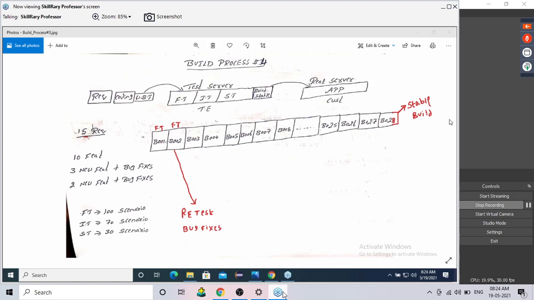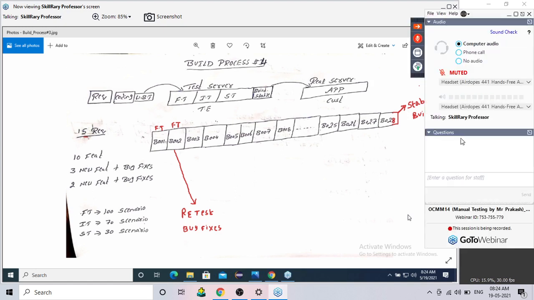Is functional testing there or not there? There, on how many features? Functional testing on how many features? The 2 remaining features. Okay, now concentrate.